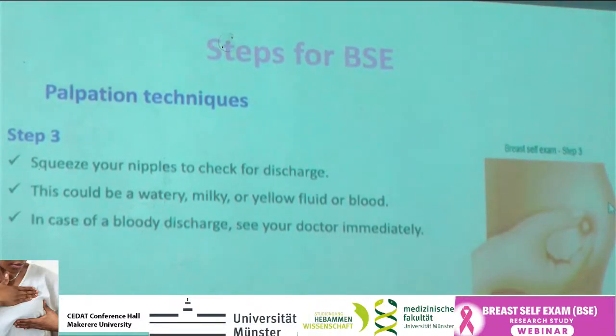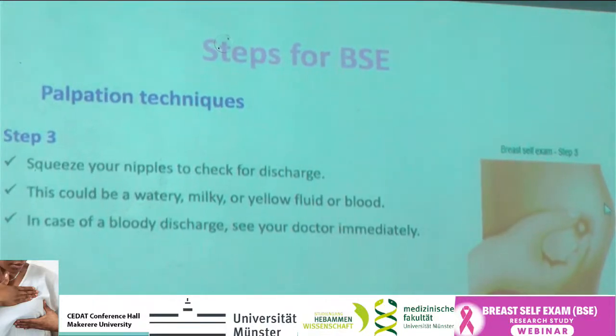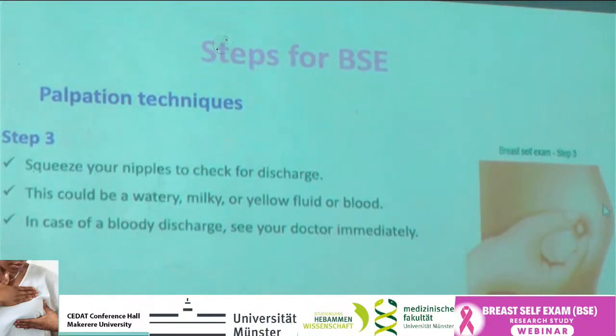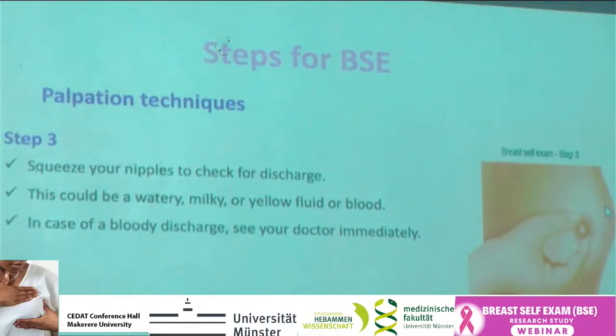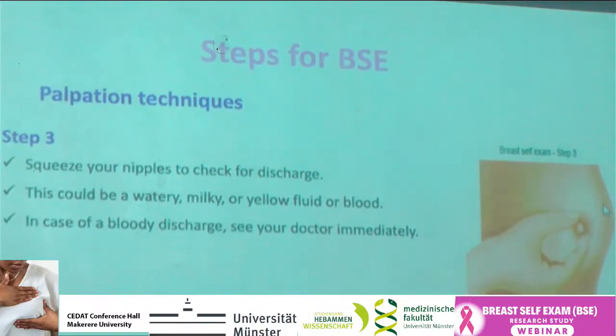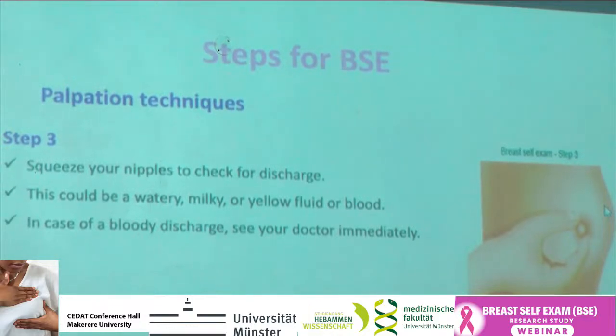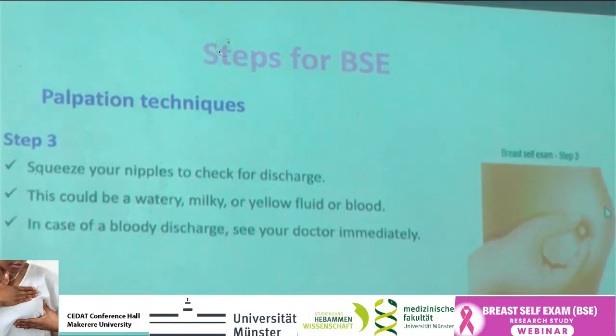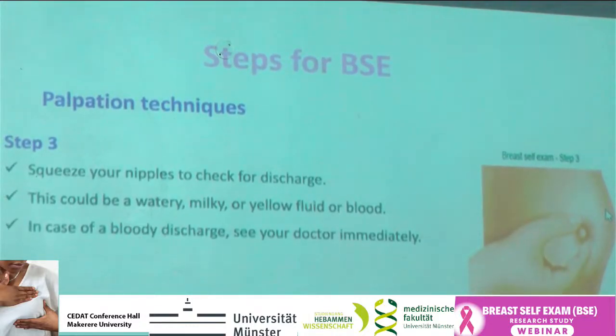In case of bloody discharge, you have to see the doctor immediately. But in some recommendations, the nipple examination is done at the end or as the 5th step. It can be done at any stage.